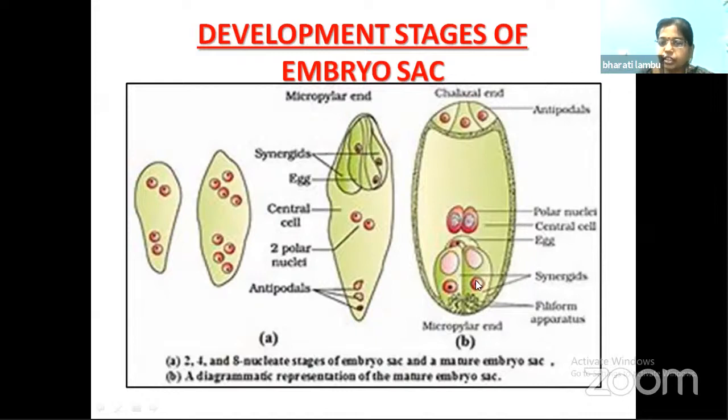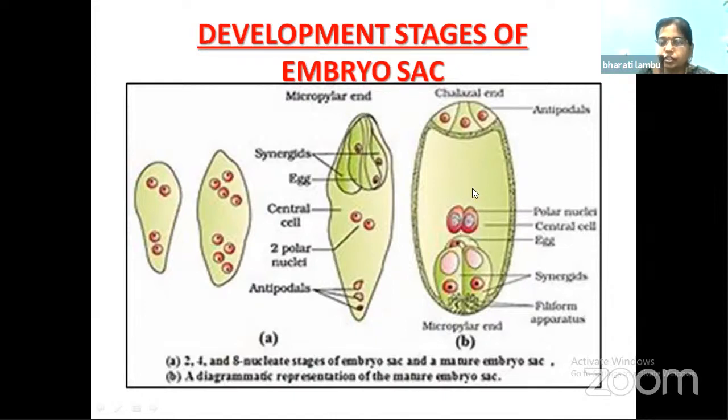Okay, children. So at the micropylar end, you will have the egg apparatus. At the chalazal end, you will have the antipodals. This central part is called the central cell. Inside the central cell, you have the free migration of nuclei, called polar nuclei. So the central cell will have 2 polar nuclei.